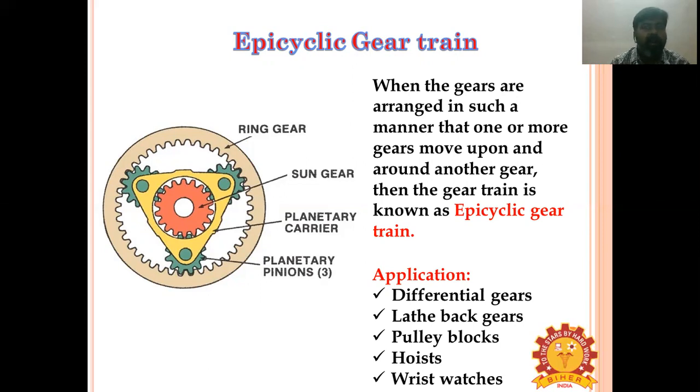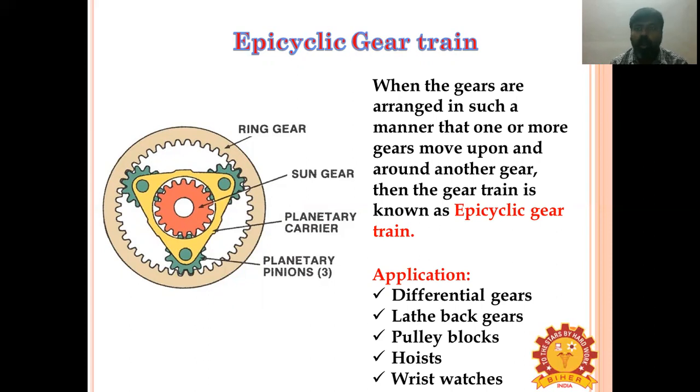An epicyclic gear train is sometimes called a planetary gear, or sun and planet gear train, because the gear B goes round and round the other gear, just like a planet.